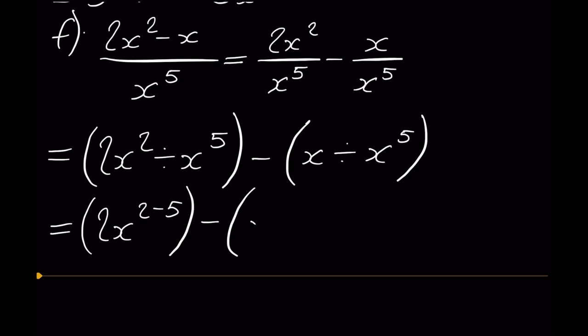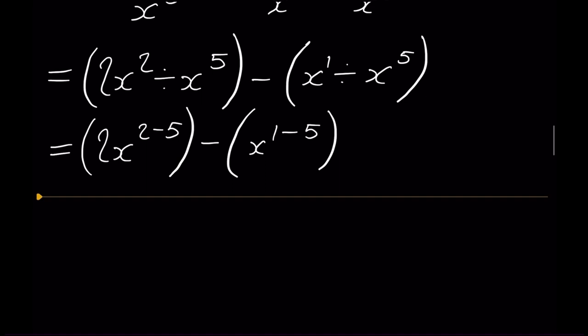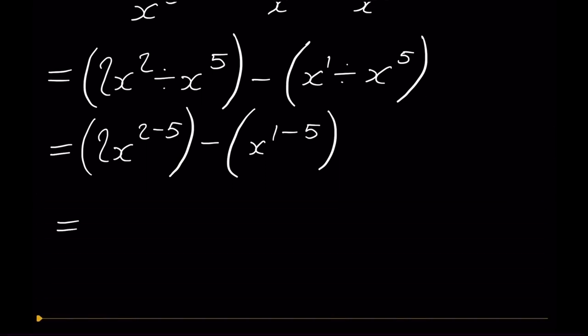And then minus, and then here we've got x raised to the power 1 divided by x raised to the power 5. So we use the division index law, and we get x raised to the power 1 minus 5. And this equals 2x raised to the power minus 3 minus x raised to the power minus 4.